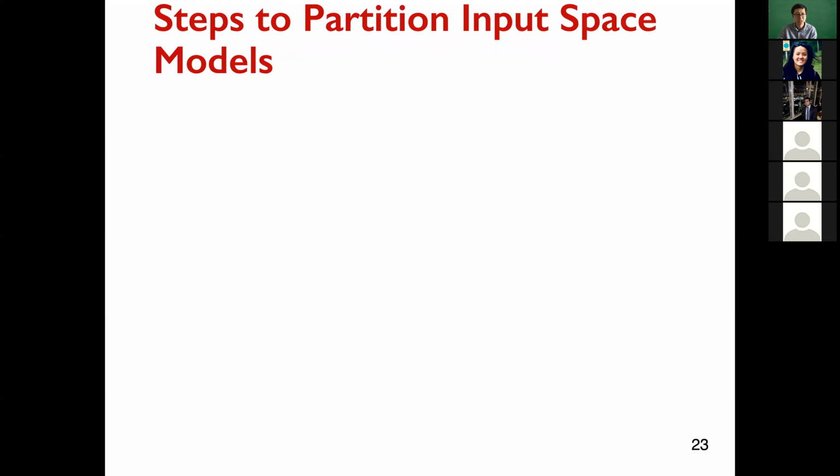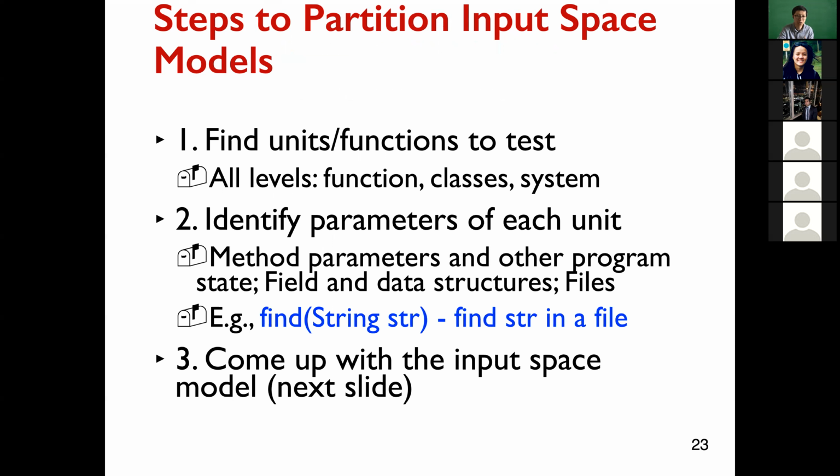So what are the steps to partition input space, and what are the steps to use this approach to design test cases? The first step is to find the unit or functions to test. It can be functions, classes, or systems. Second is to identify the parameters of each unit. These parameters define the input space.